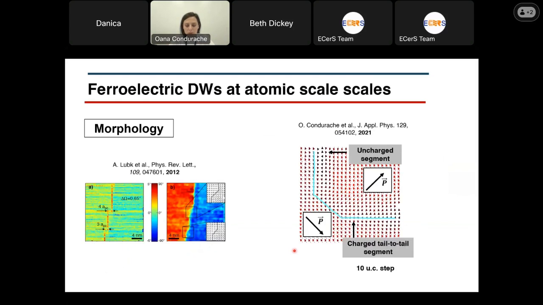However, together with the development of high resolution techniques, now we know that they can be quite complex. And for instance, in terms of morphology, they are not always straight plane interfaces, but they can make steps and kinks. And sometimes these steps can be even as large as 10 unit cells.